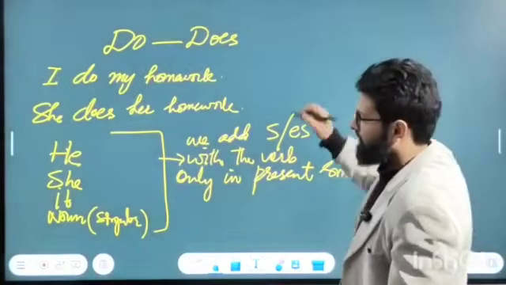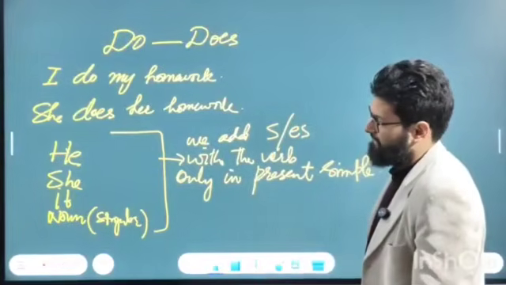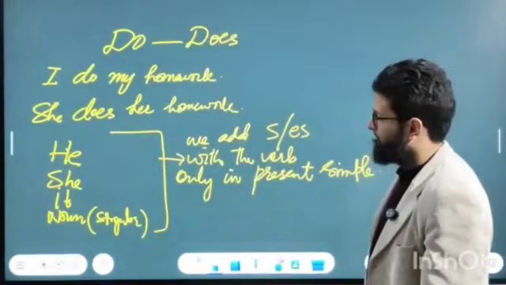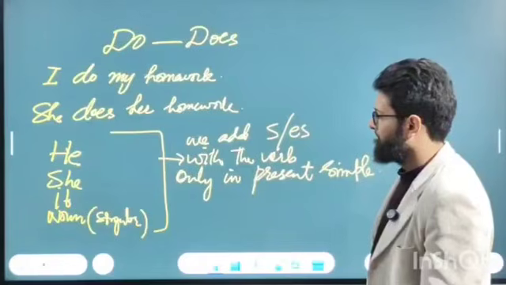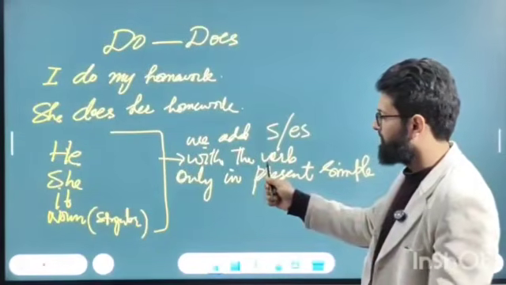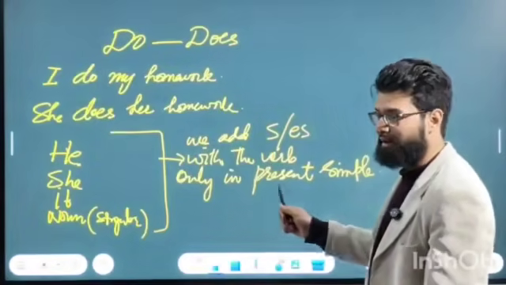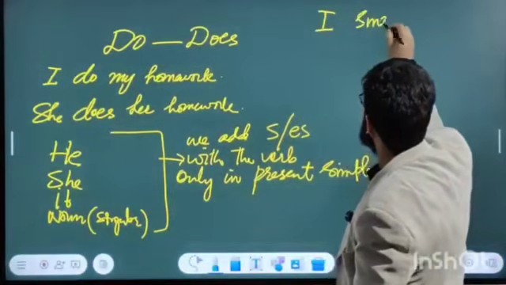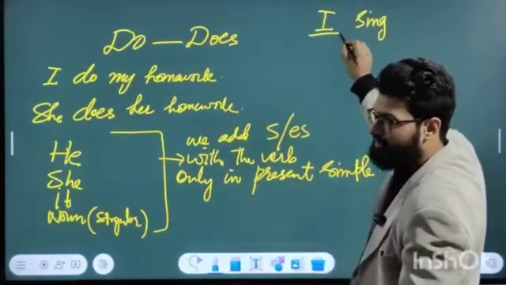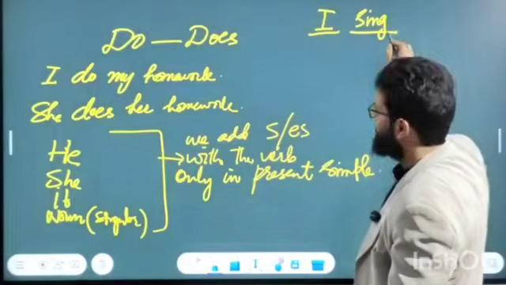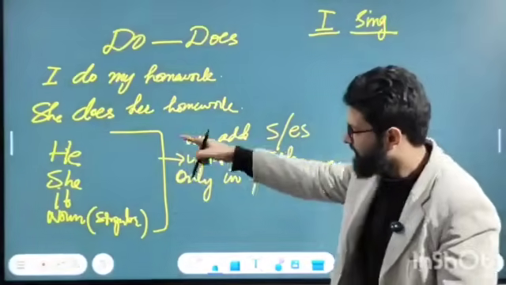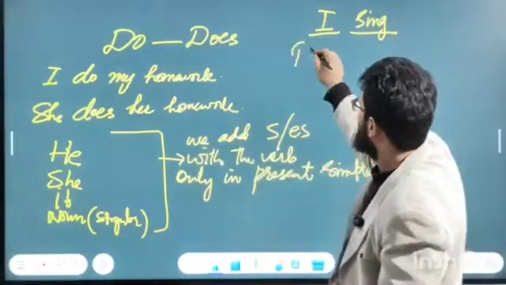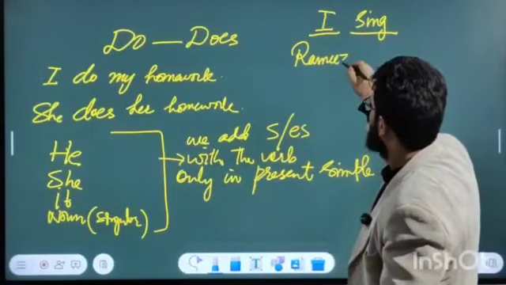Sir, here we add S or ES with the verbs for he, she, it and singular noun, only in present simple. I'll explain it. I sing. This is the subject, this is the verb. Now let us choose any word. I'll choose my name, Ramiz.